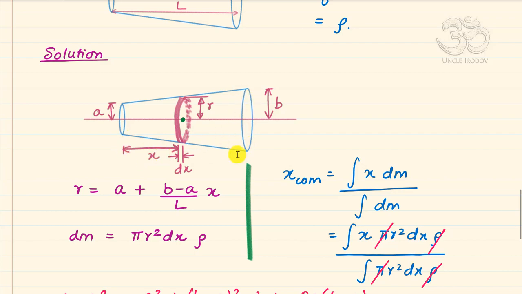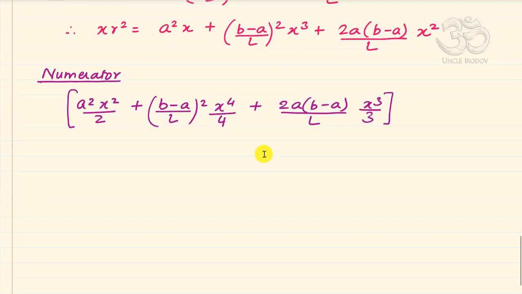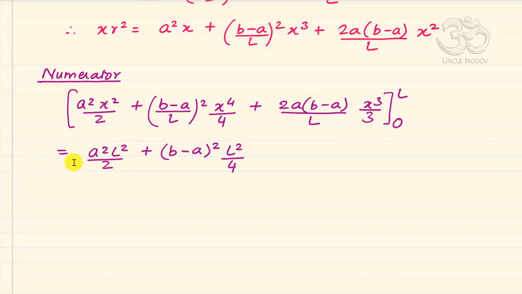So 0 to L. I don't have to worry about the lower limit, only the upper limit, and I get the numerator as a square L square by 2 plus b minus a whole square L square by 4 plus 2a into b minus a times L square by 3.